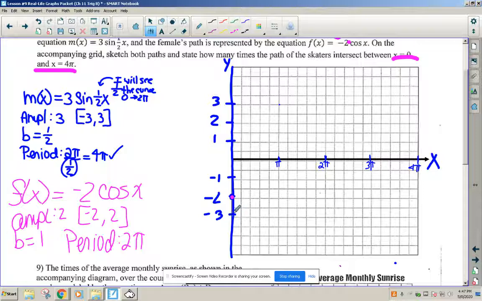That means I am going to have a full cosine curve, which begins at -2, is going to end at -2. Halfway in between is going to be a 2, and then halfway in between those are my zeros. And this is going to happen 2 times between 0 and 4 pi. So this one is going to look like this.